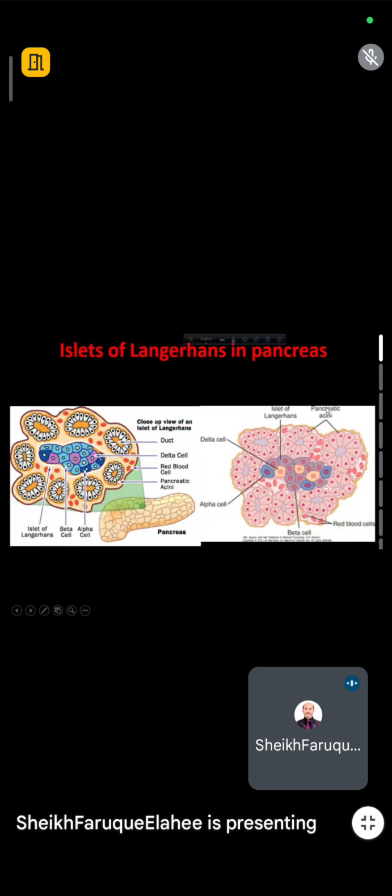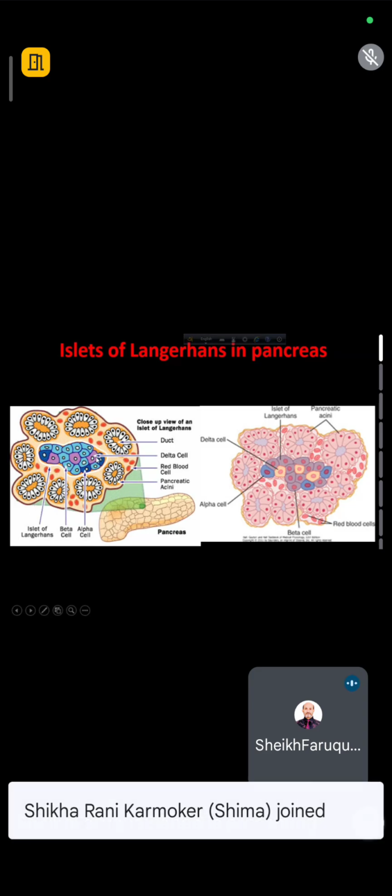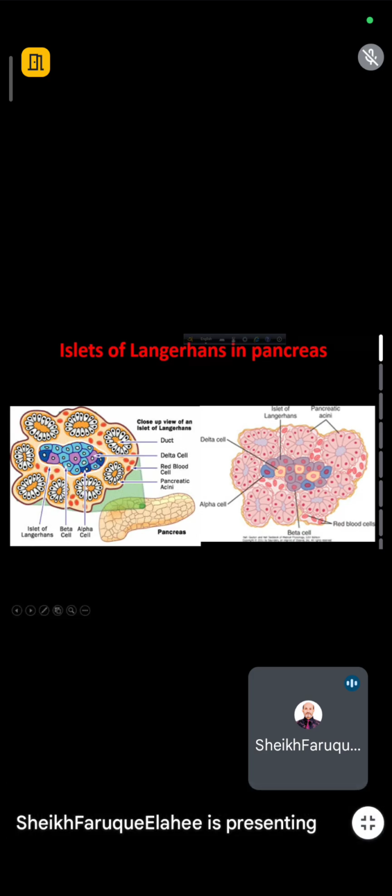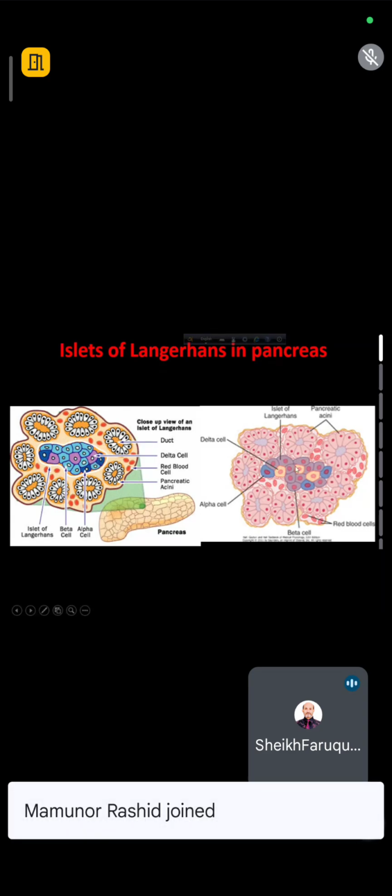So you see, this is a small endocrine gland in the pancreas. In the whole pancreas, there are about 1 million of these small glands, distributed all over the gland.